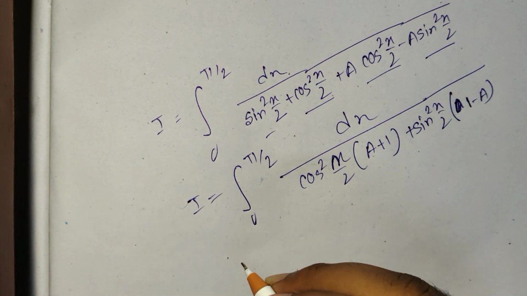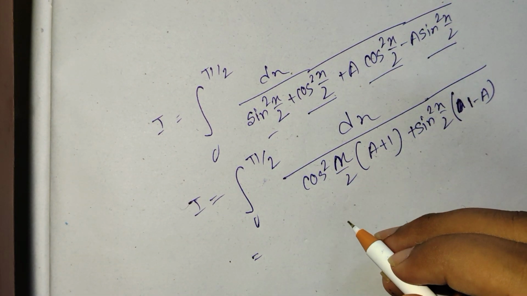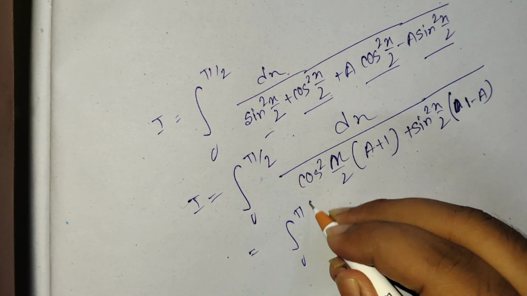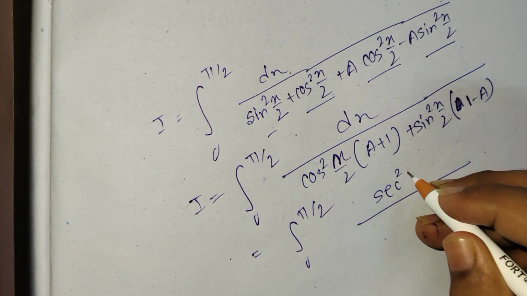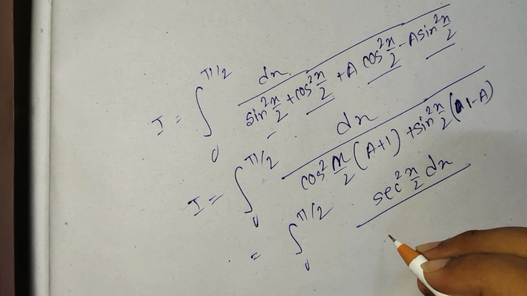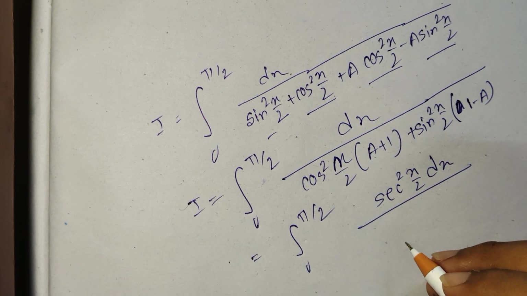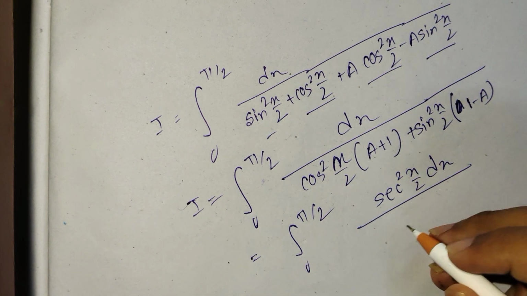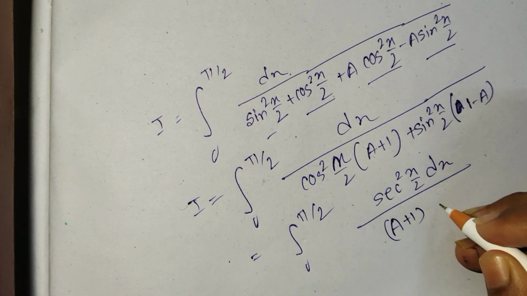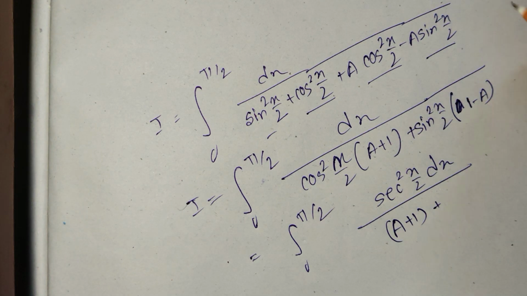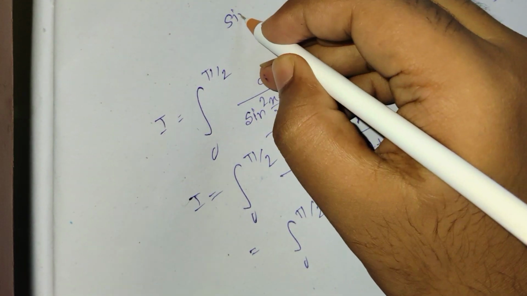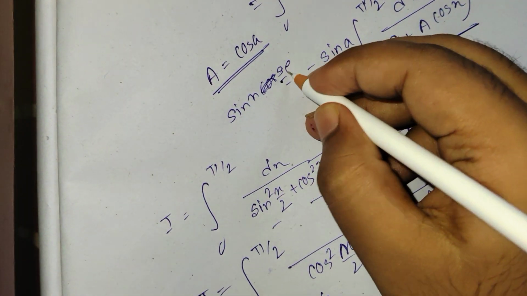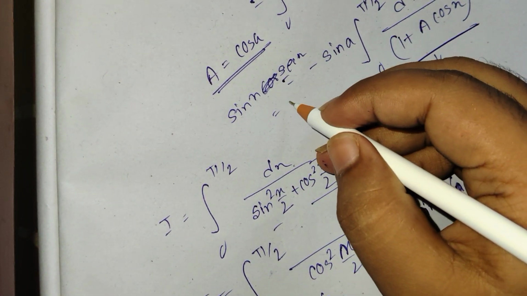Basically, we have to multiply sec square x by 2 at the numerator and at the denominator also, 0 to pi by 2. The numerator is sec square x by 2 dx. The cos square x by 2 term becomes 1, so this is a plus 1 plus sin x into sec x, which is sin x by cos x, which is tan x.